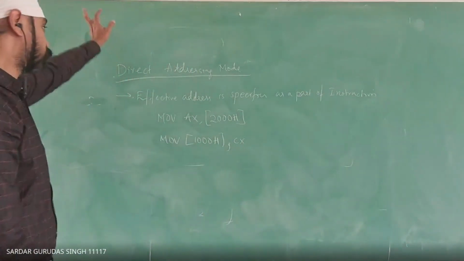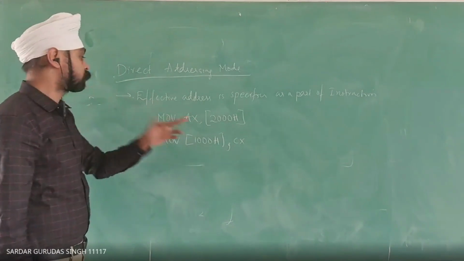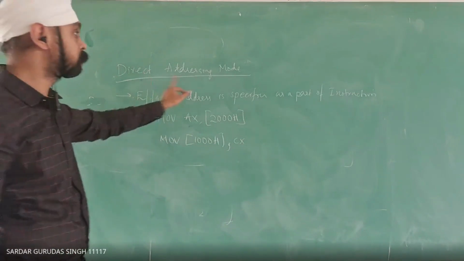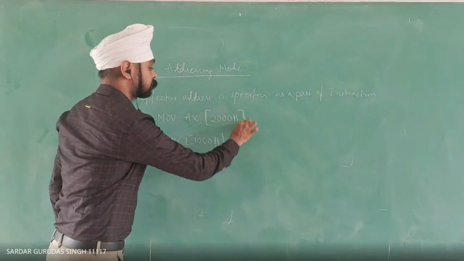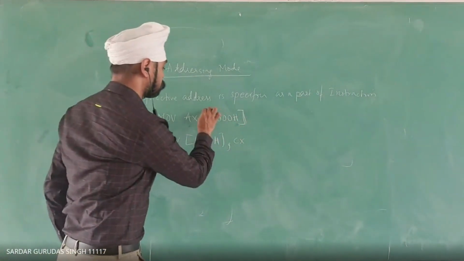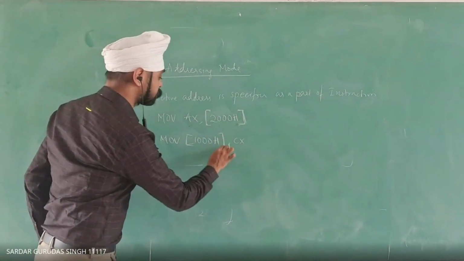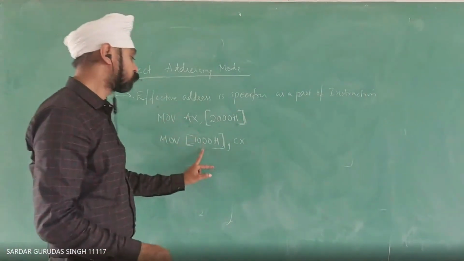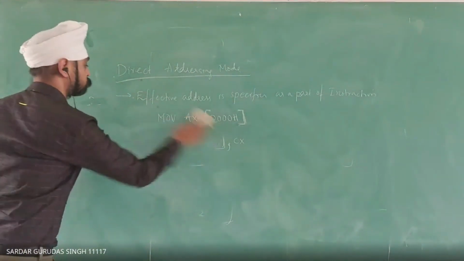These are the examples for direct addressing mode. If you are specifying the effective address directly in the instruction, then that type of addressing mode is direct addressing mode. Here, this address is distinguished from the operand by square brackets. If you are indicating square brackets around the number, then it is considered as the effective address, but not as the operand. It is nothing but direct addressing mode.